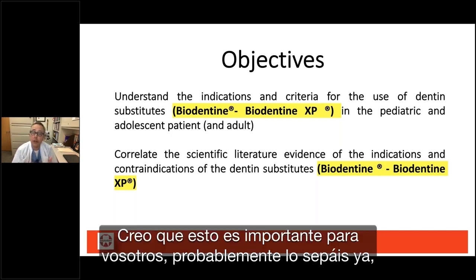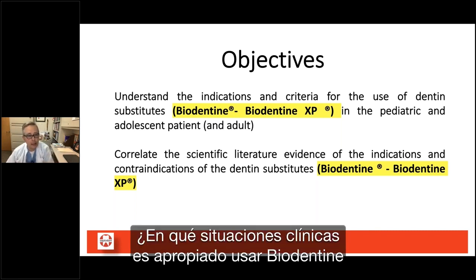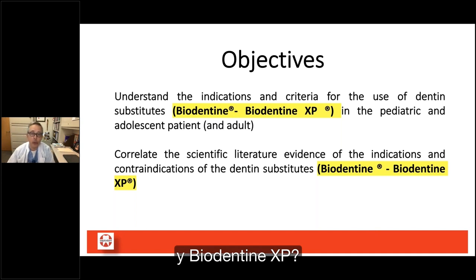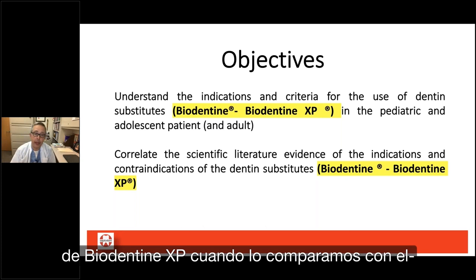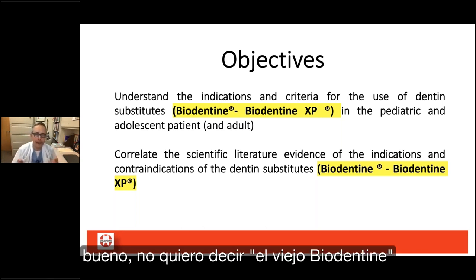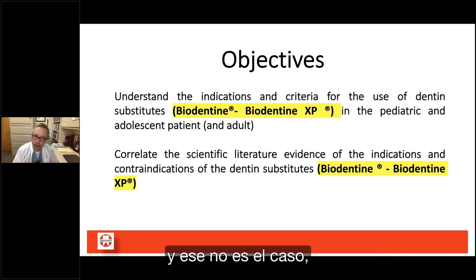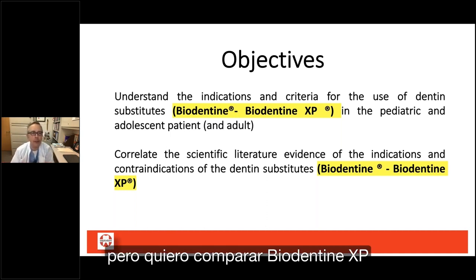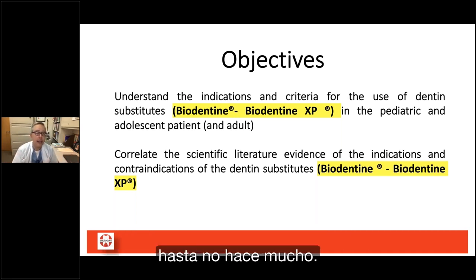You probably know, but we are going to refresh that: in which clinical situations Biodentine and Biodentine XP is appropriate to use. And we are going to balance the benefits of Biodentine XP when we compare it with, I don't want to say the old Biodentine, because it sounds like an old material, which is not. I want to compare Biodentine XP with the traditional Biodentine that I was using until not too long ago.